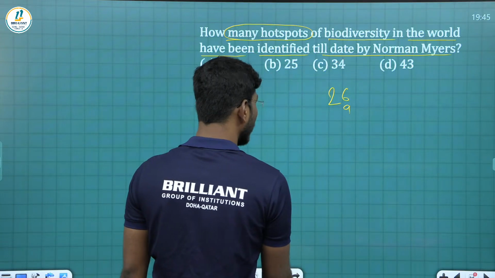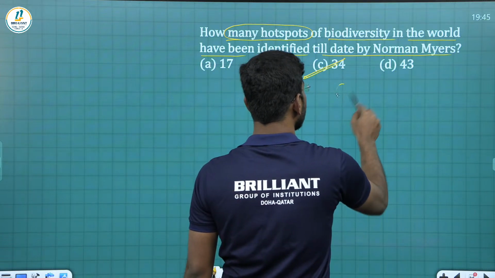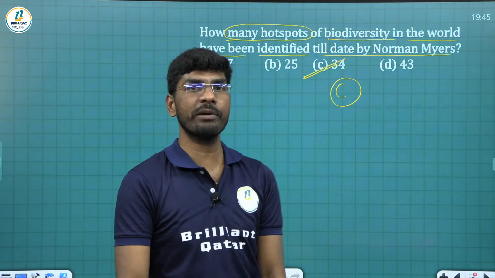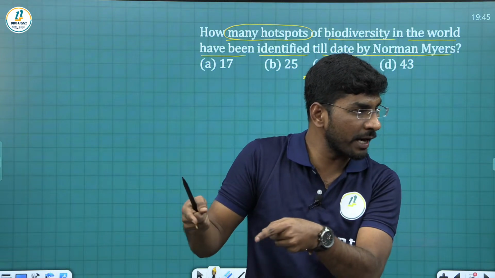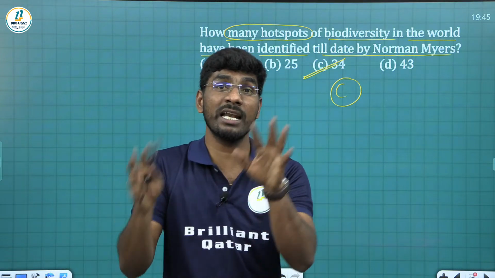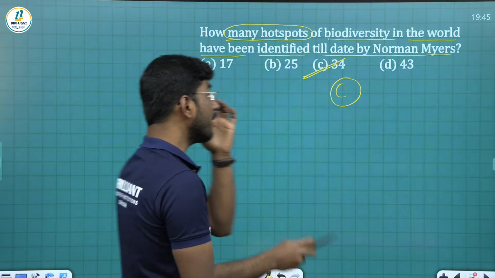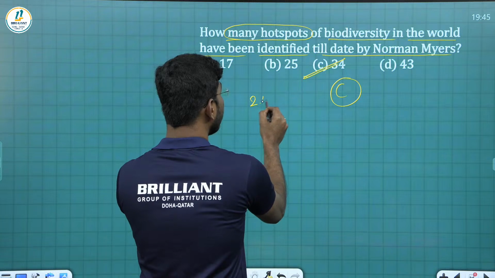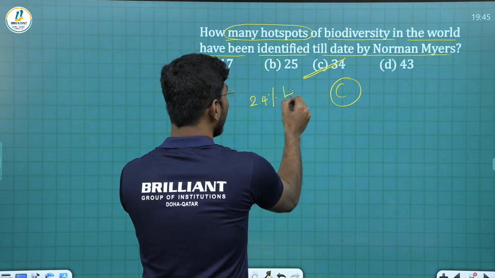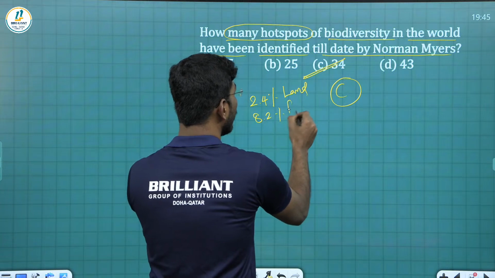You got my point? Yes or no? Am I correct or not? Now it becomes 34. Initially 25 or 26, beta, and after the 9 more they added, they become 34, as given in NCERT, right? Now 34 are there in the world. In India 3 are there. If you are able to recall, India occupies how much, tell me? 2.4% of land area, 8.2% of what?